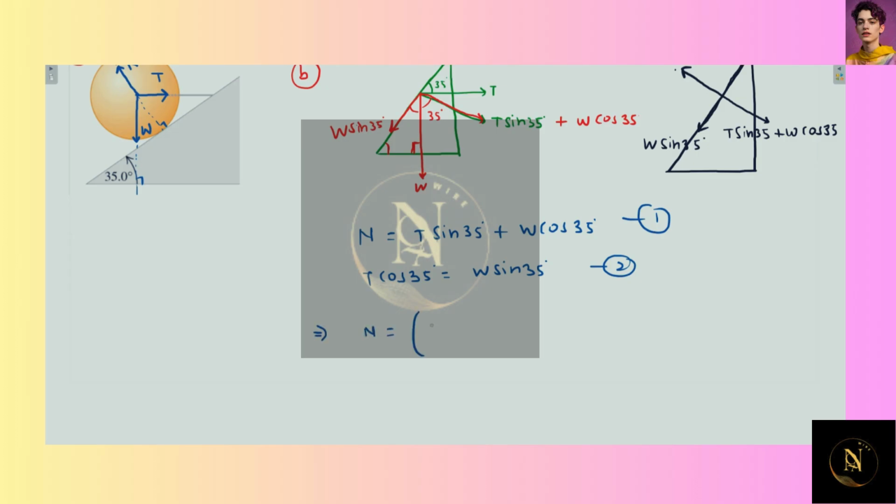So equation 1 looks like T replaced by W sin 35 over cos 35, times sin 35, plus W cos 35. This can be written as W tan 35 times sin 35 plus W cos 35.